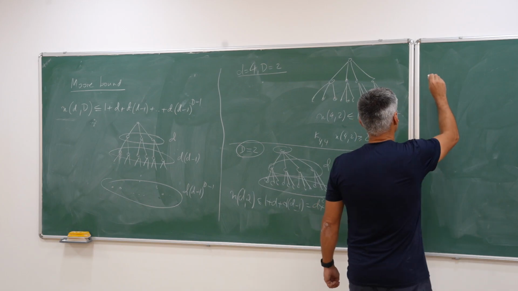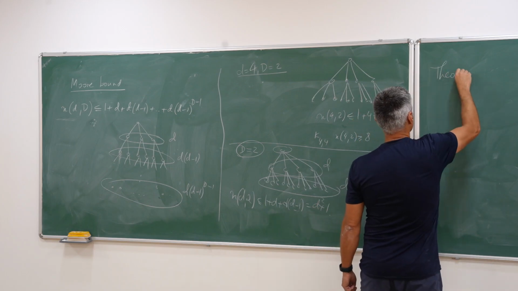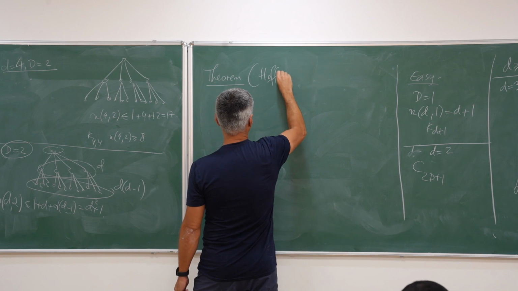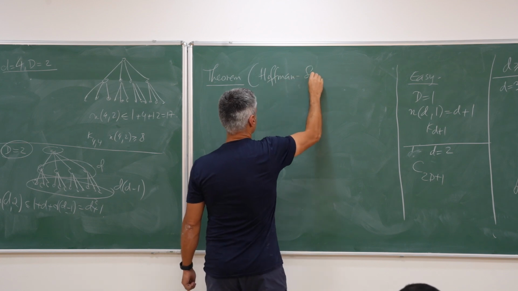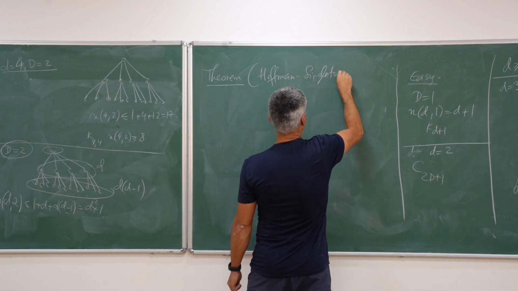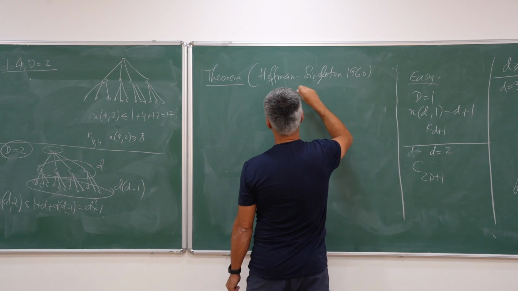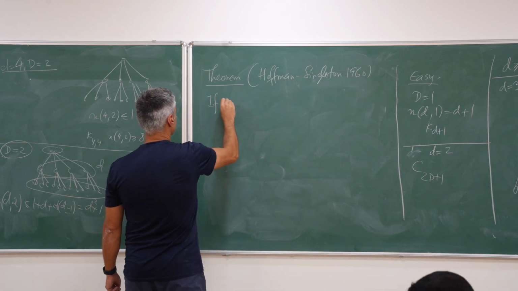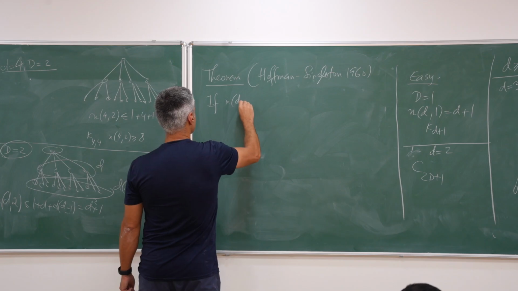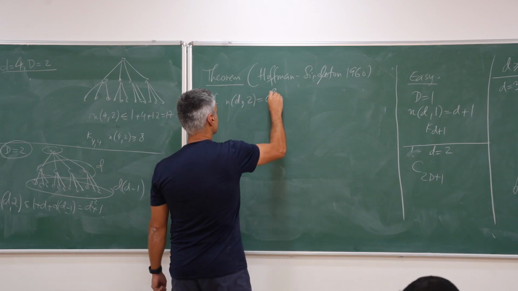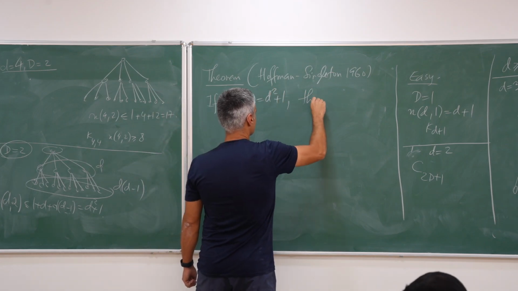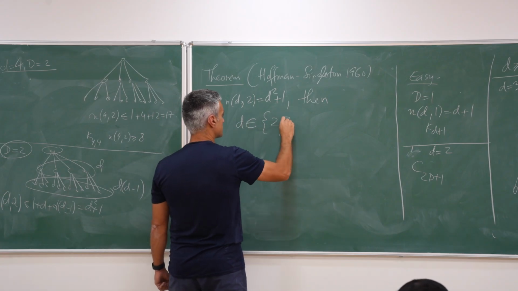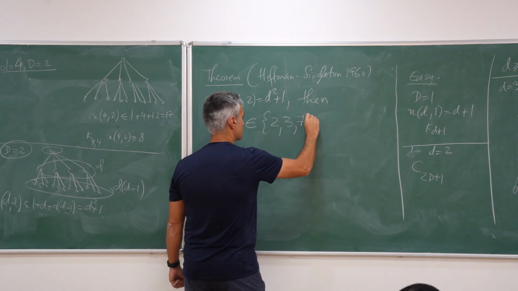So here's the result. This is a theorem due to Hoffman and Singleton from 1960. It says that if N(d,2) equals d squared plus 1, then d has to be 2, 3, 7, or 57.